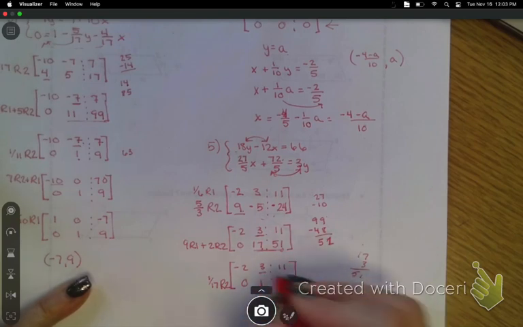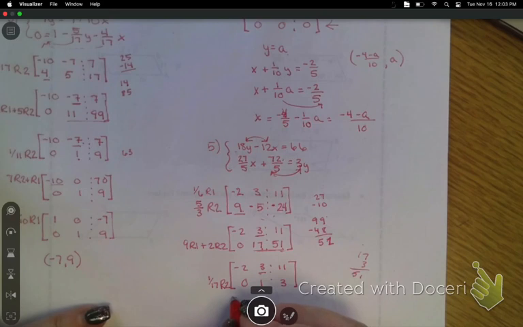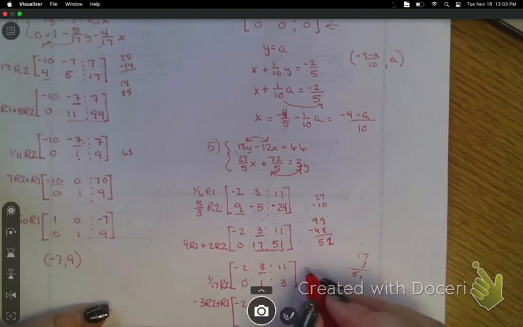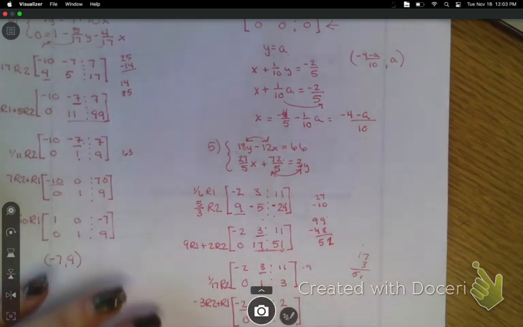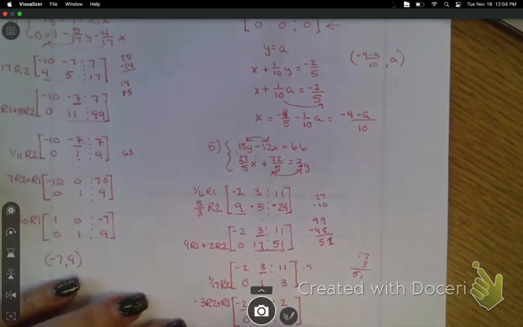So now to get that 3 in the second column, first row, I just have to do -3 R2 plus R1. So -2, 0, and -9 and 11 is 2. And so then this 2 needs to be a 1, so -1/2.